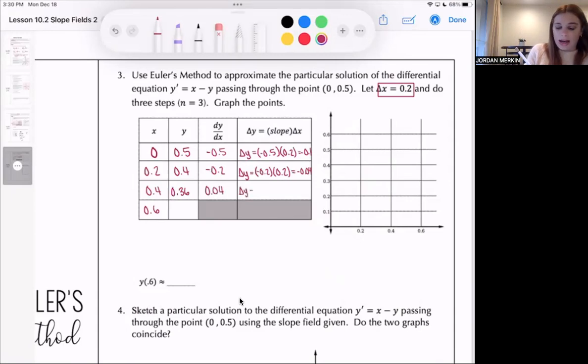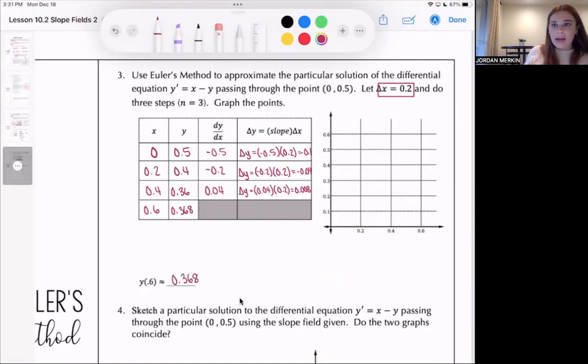So delta y, we take our slope, 0.04, times our delta x, which is 0.2, and we get 0.008. Next one, to find that y coordinate, we're adding 0.008 to y. So we end up with 0.368, which tells us that y of 0.6 is approximately 0.368.